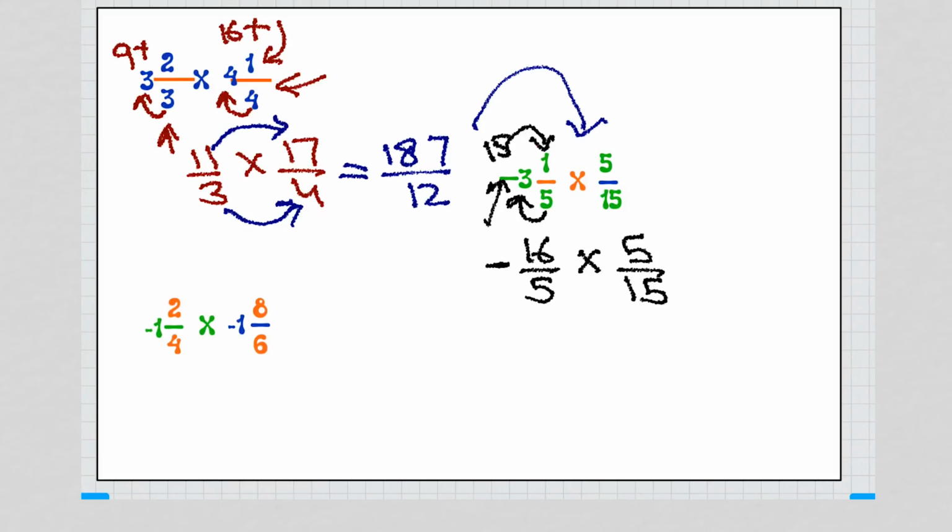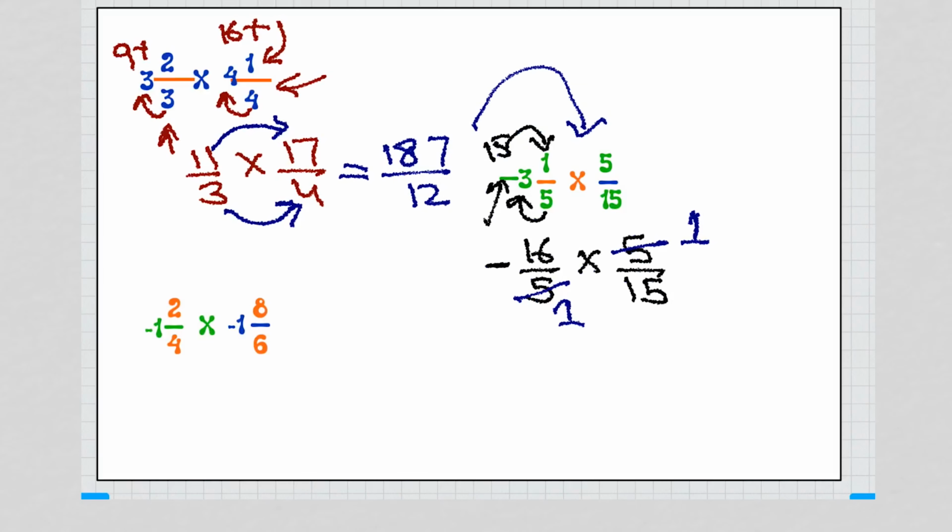So what we see in this one, we can now simplify: 5 times 1 is 5, and 5 times 1 is 5 as well. After that, 16 and 15, both these numbers don't go into the same times table.